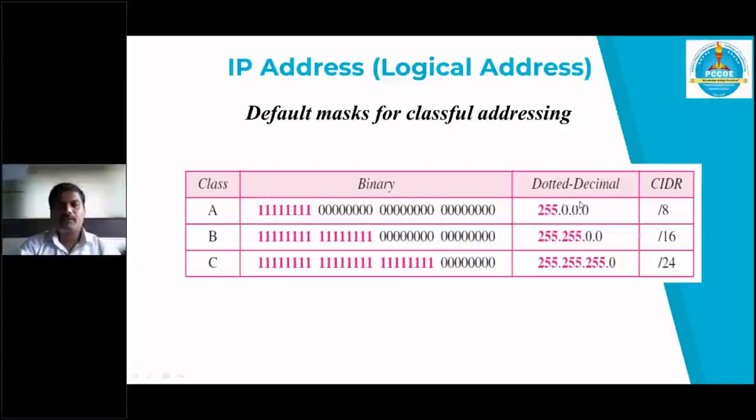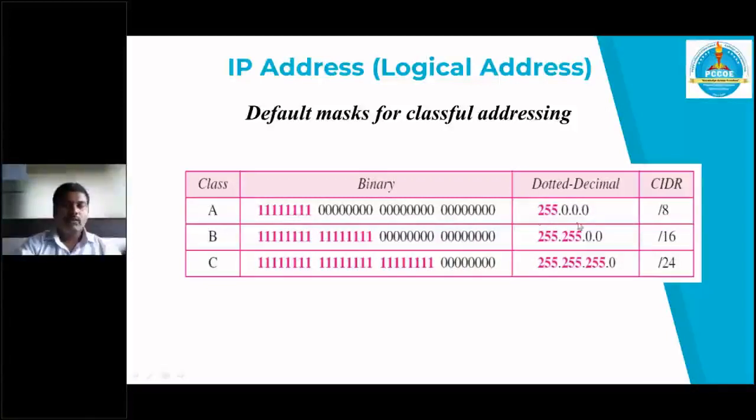For class A, the default subnet mask value is 255.0.0.0. 255 means your first octet is full of ones. That is 2 raised to 8, which is 256. As we start from 0, we need to end at 255, isn't it?